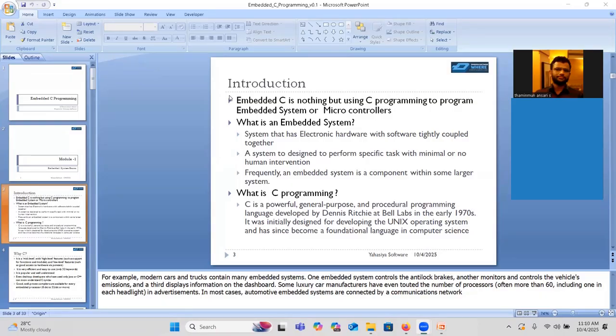We need to have some sort of flow to make the system work. It is not as easy as programming in a PC, where we write the program and simply type cc and then the file name.c. That will run. But you cannot do it that easy way in an embedded system. So if you have such a system in which your software and hardware are tightly coupled and don't require any intermediary influencers, such a system is called an embedded system.